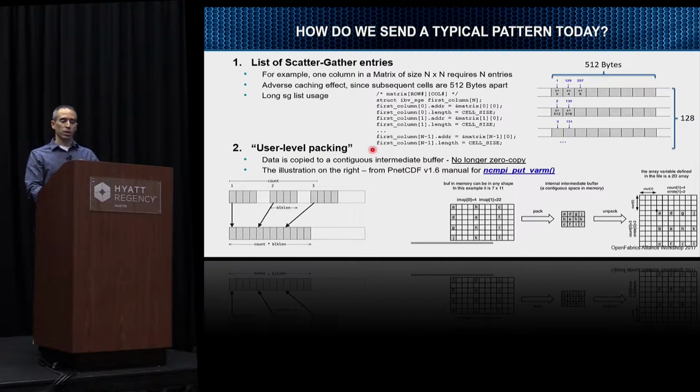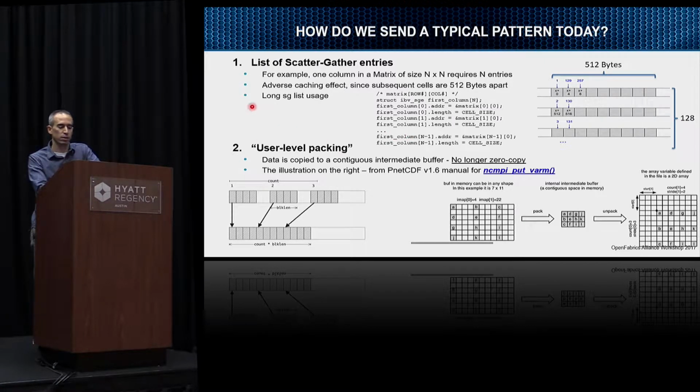How do we deal with it today? Two main ways. One is to register a large scatter-gather list. Each such object is, as written here, specified by its start address and the length. We have an array of scatter-gather elements, and we use them for sending and receiving over the network.